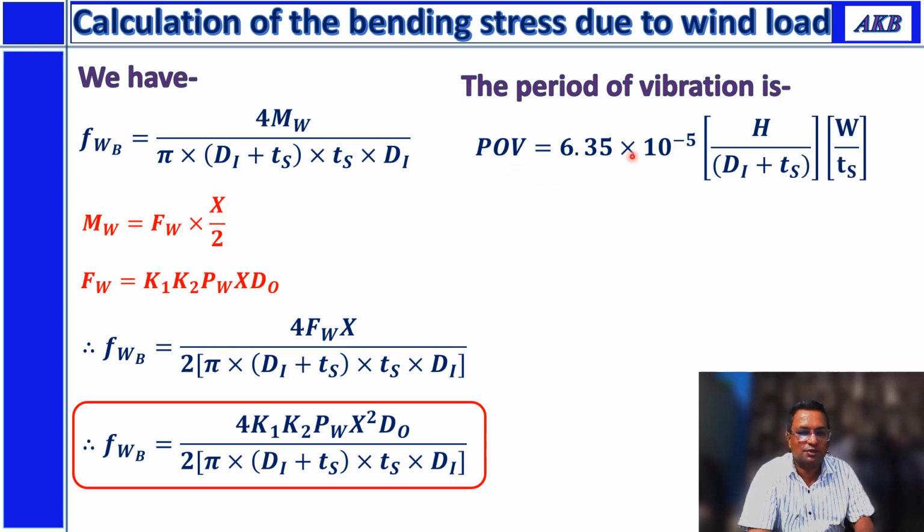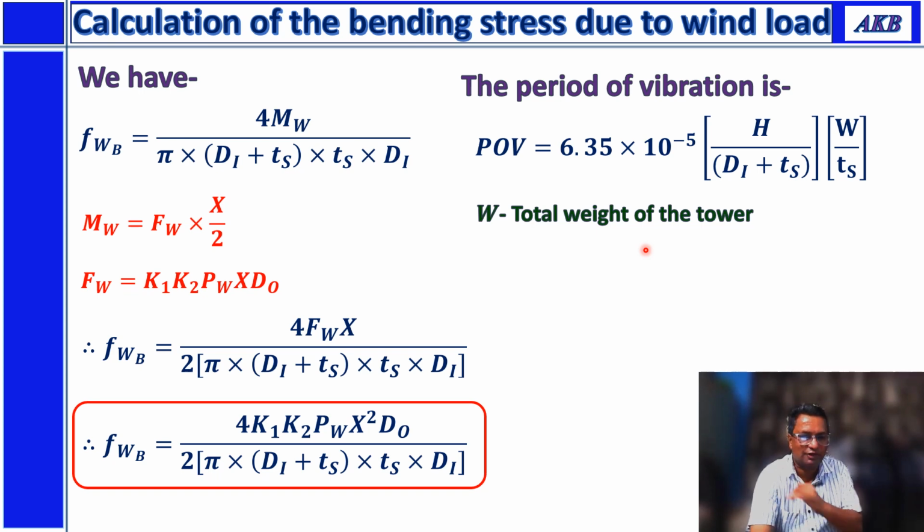Period of vibration is equal to 6.35 into 10 to the power minus 5 into (H by (Di plus ts)) into W upon ts, where H is height of the column, Di is internal diameter of the column, ts is thickness of the column, W is weight of the entire column, that is weight of the shell, weight of the insulation, weight of the attachment, weight of the heads, and ts is thickness. So W represents total weight of the column, which includes all the weights.